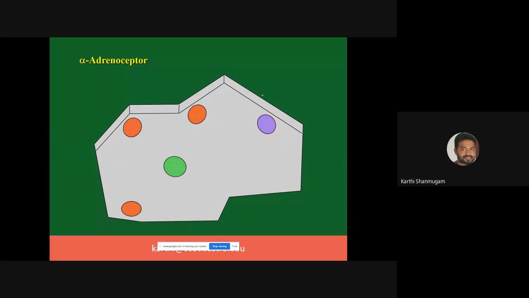Here, what is illustrated is the architecture of the binding site of the alpha adrenoreceptor, and you can see some color-encircled regions. Those regions are the binding regions present in the target site within the receptor. I want to show the labeling and characteristics of each binding region.